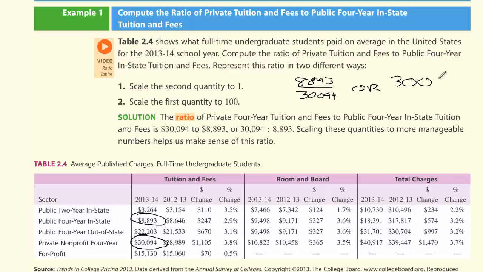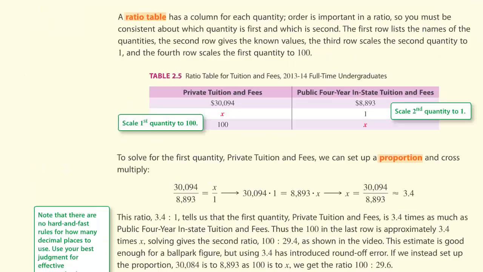So don't forget that these things can be fractions in either direction. All right, so here is just a piece of that table. We made our own little smaller table with the private tuition and the public. And we want the second one to be in a ratio of 1, so we need to figure out what this number is. And then for part B, they said, let's make this 100, and for the second part, figure out what that is.